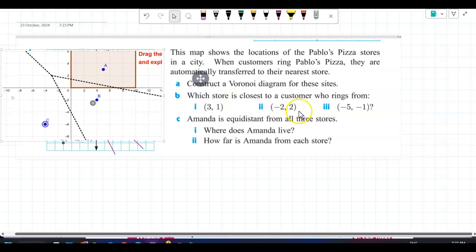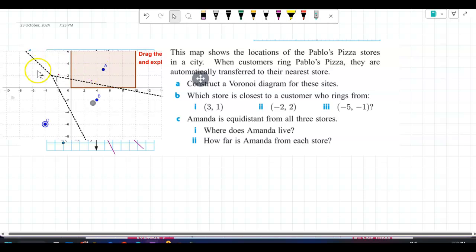Now you have to answer this. Which store is closest to the customer who rings 3,1? Where's your 3,1? It is somewhere here. Minus 2, minus 2. Minus 2, 2 is A only.